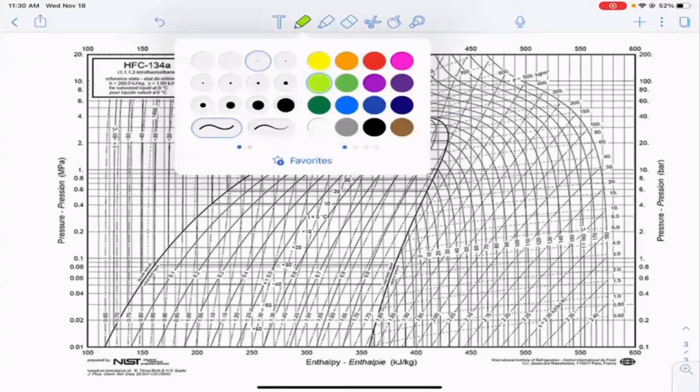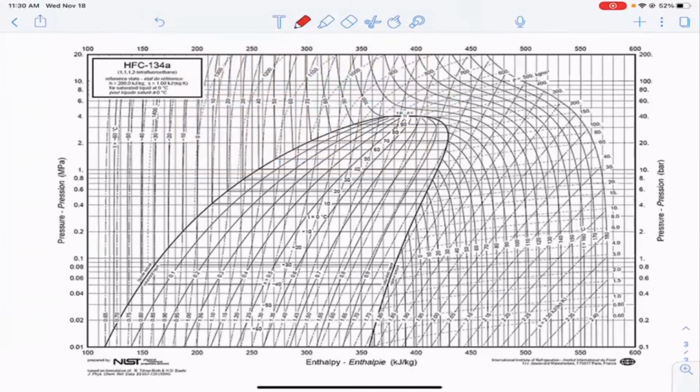So what I'm going to do here is find -6 degrees C on the saturated line. And there are a few ways to do this. I don't see a good place here to find the temperature, but I do find a good place here. And we know because these are phase changes, going from liquid to vapor, that they're just horizontal lines on the pH diagram because phase change happens at constant pressure.